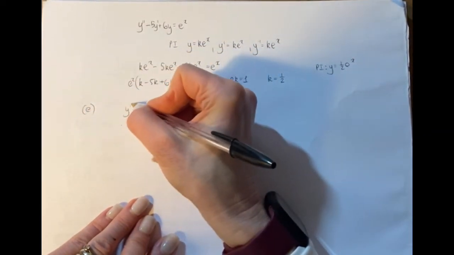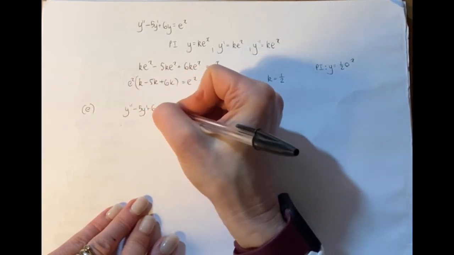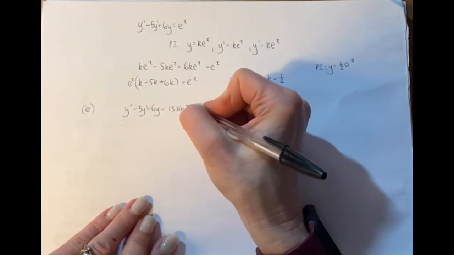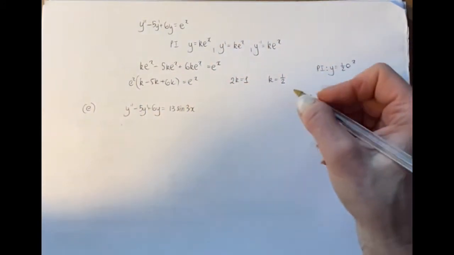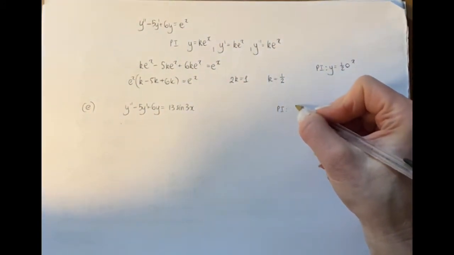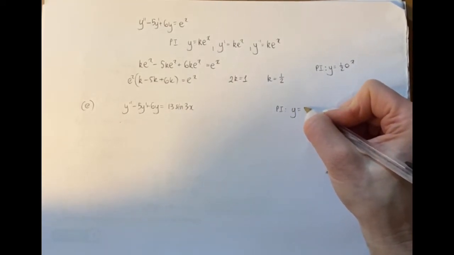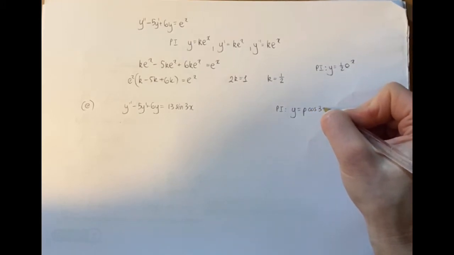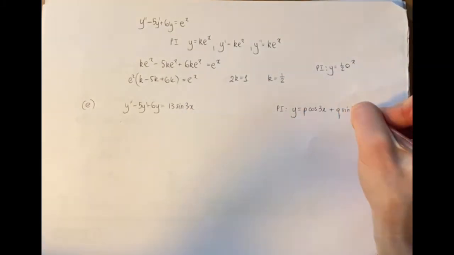So y double dash minus 5y dash plus 6y is equal to 13 sine 3x. Over here, when you've got a trig function, you have to consider the particular integral to be a combination of sine and cos. So you just don't have a choice. So we could put p cos 3x plus q sine 3x.